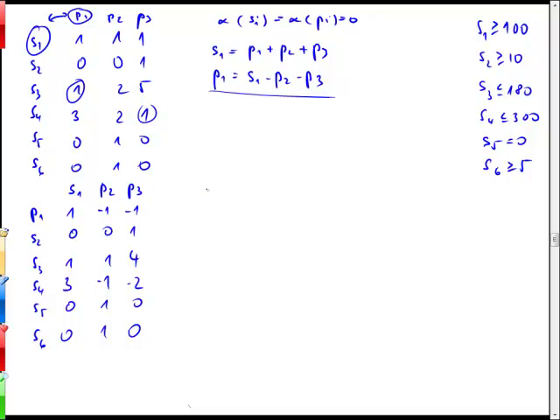And we also need to compute the new assignment. S1 is pulled to its bound 100, from 0 to 100. And P2 and P3 are unchanged, so the value is 0.